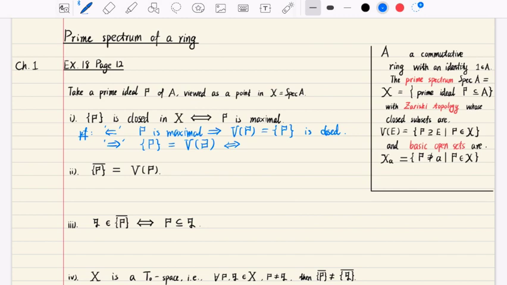So P is of course a maximal ideal, because it is the only element in this closed subset.